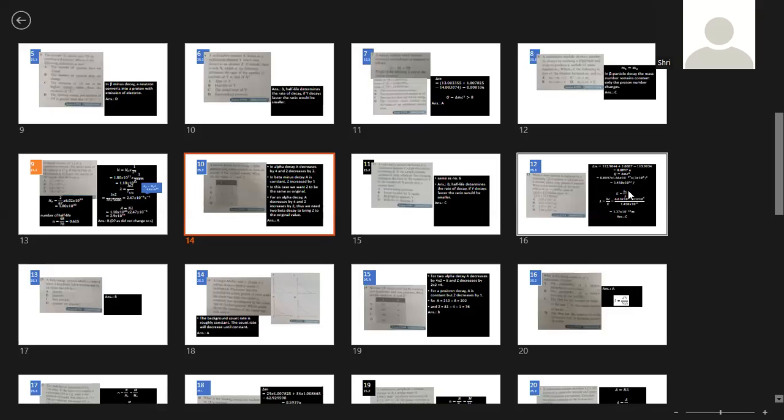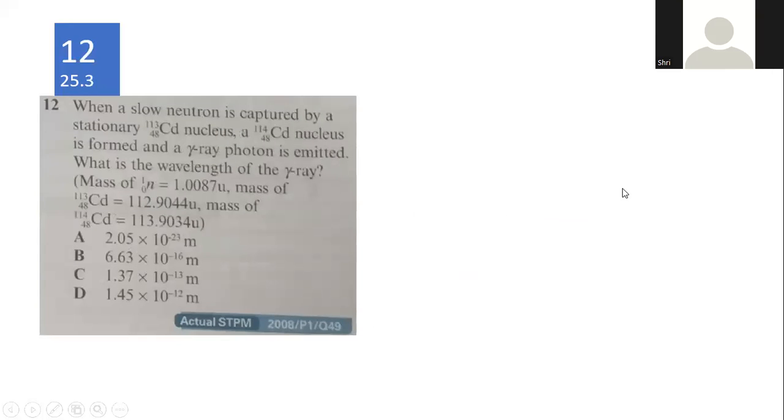Okay, we're not going to do all, don't have the time to do all. When a slow neutron is captured by a stationary cadmium nucleus, a cadmium-114 nucleus is formed and a gamma photon is emitted. What is the wavelength of the gamma ray? Okay. C. Say again. C. How do you calculate?